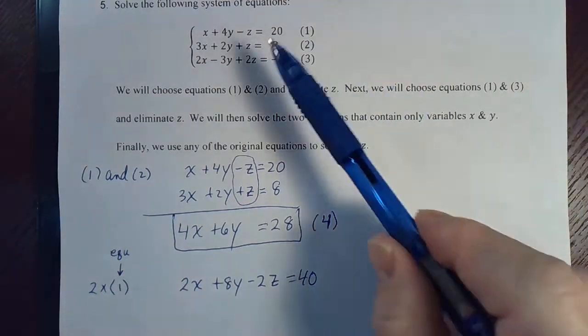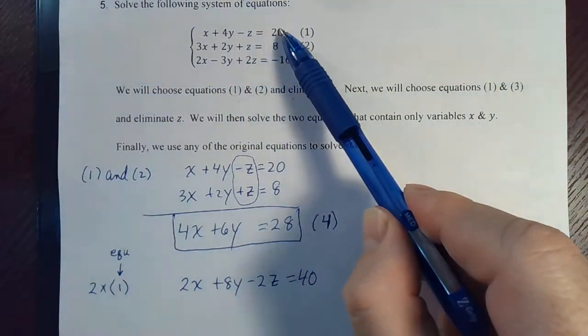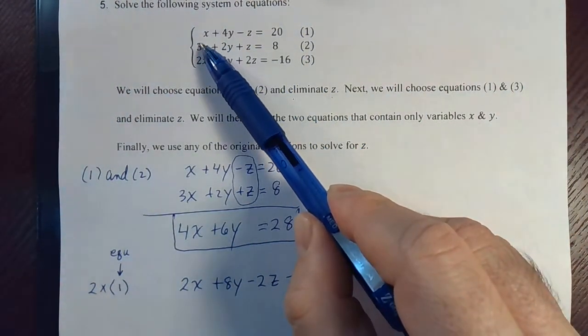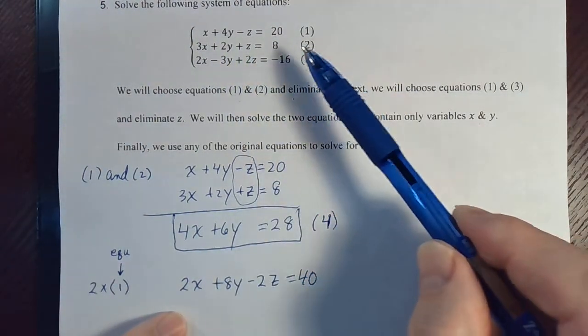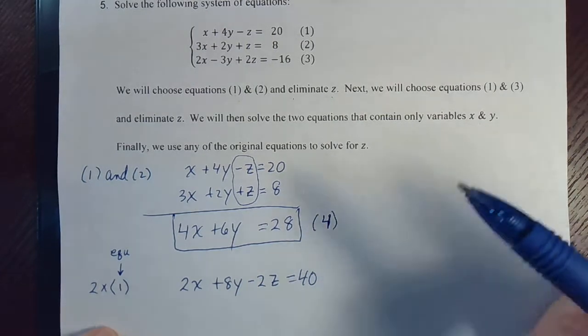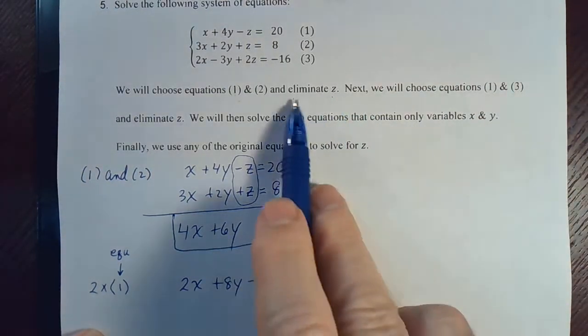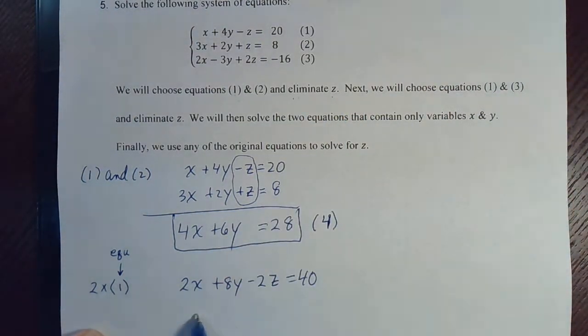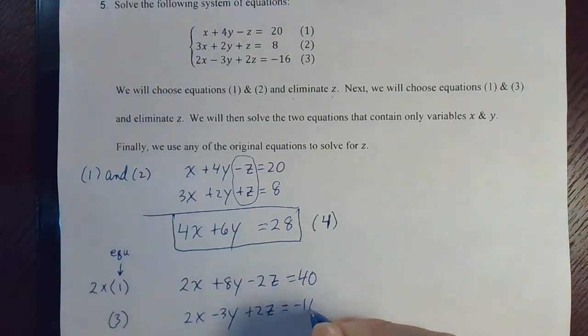So all I did is double all the coefficients, all the numbers in equation 1. So 2x plus 8y minus 2z equals 40. And then equation number 3, I'm just going to write right underneath it. Equation 3: 2x minus 3y plus 2z equals -16.